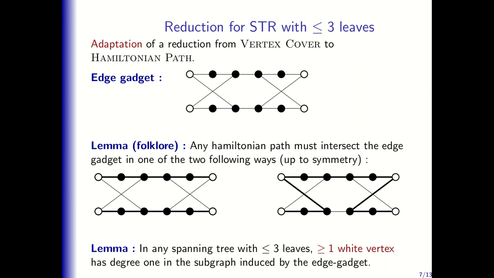For this first lemma, when you have a Hamiltonian path, either you have 4 vertices that have degree 1 restricted to the edge gadget, or 2, which are these 2 in this second figure. So when you have a spanning tree with at most 3 leaves, you have less control on what happens on this edge gadget, but you know that at least one white vertex has degree 1.